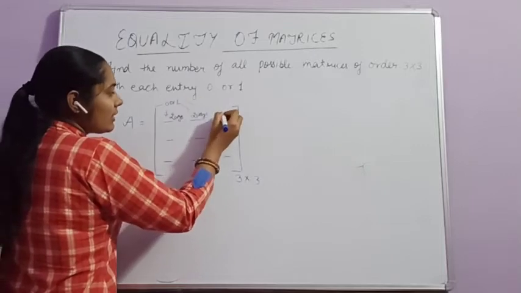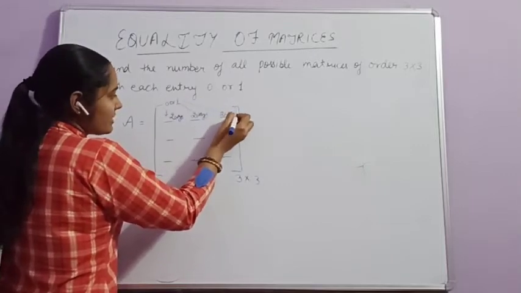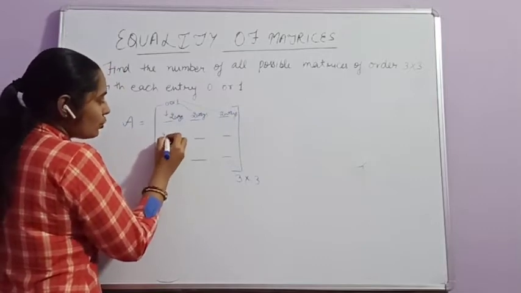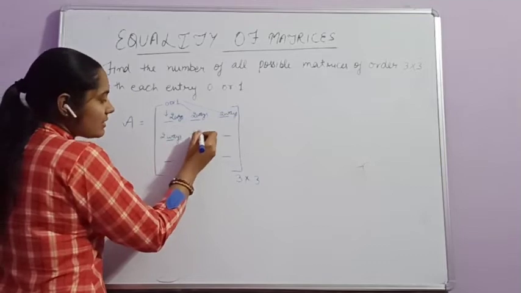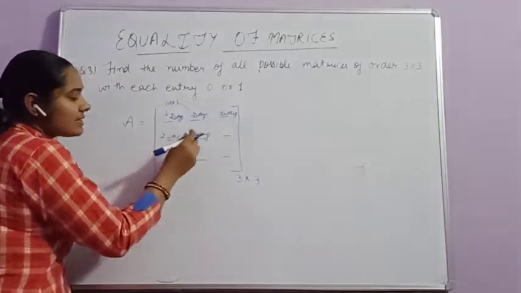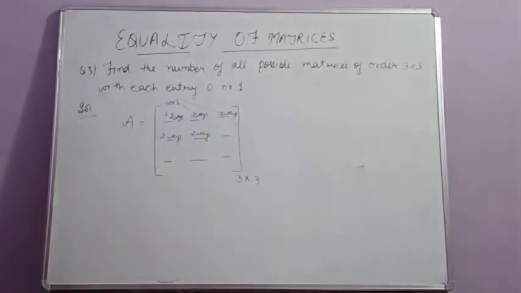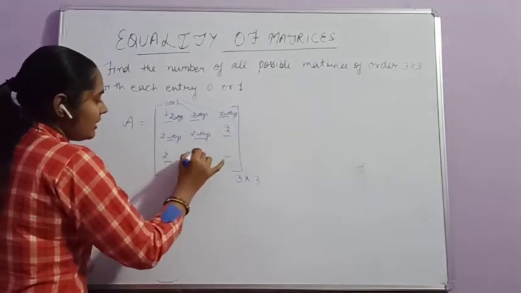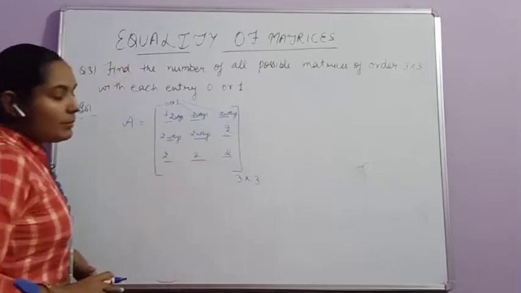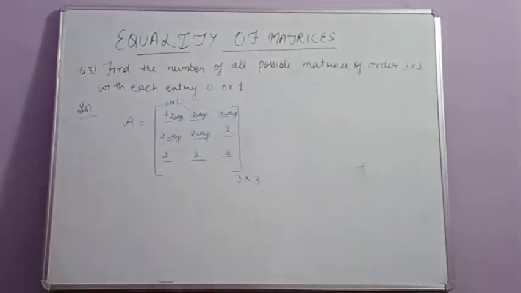Similarly, the third one in two ways. Next, two ways, either 0 or 1. Similarly, next, that is a22, can be filled in two ways. Similarly, the next can be filled in two ways. Each and every element of matrix A can be filled in two ways. Clear?